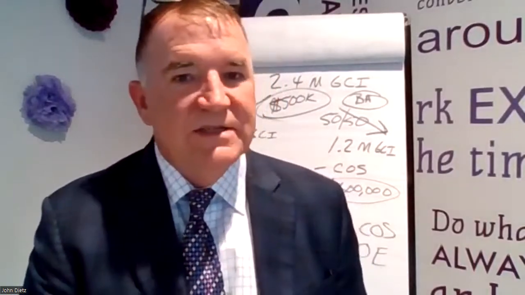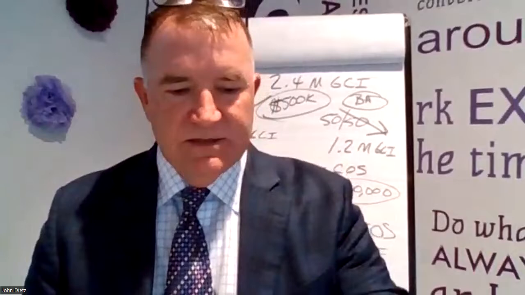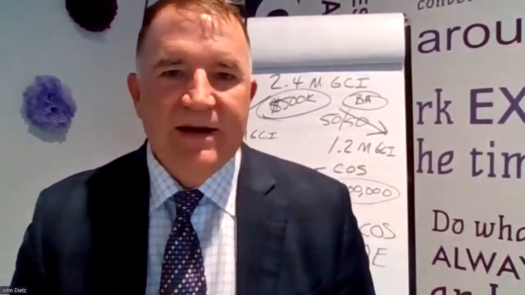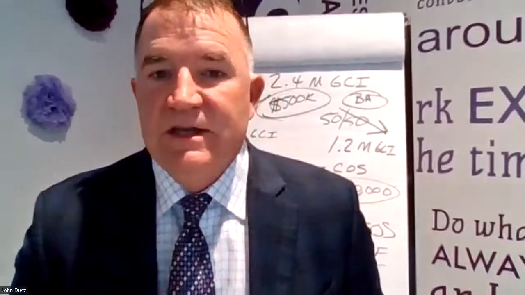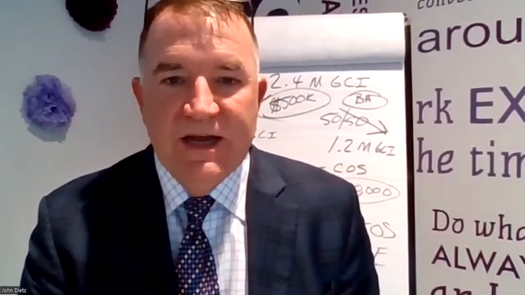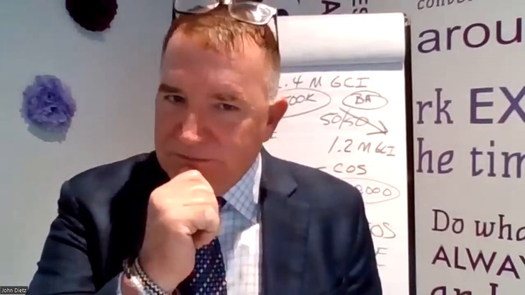Meaning that in your organizational chart, you have buyer agents and showing assistants who work the buyer side of the organizational chart, where your cost of sales is a total of 30% of your GCI, or in this case, approximately $600,000.